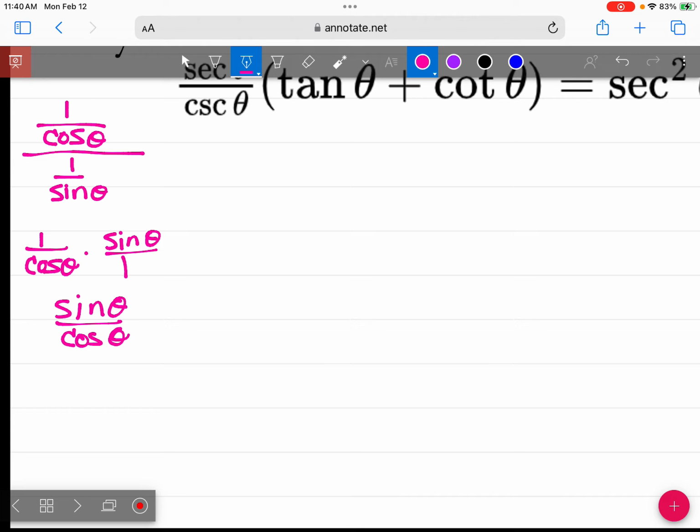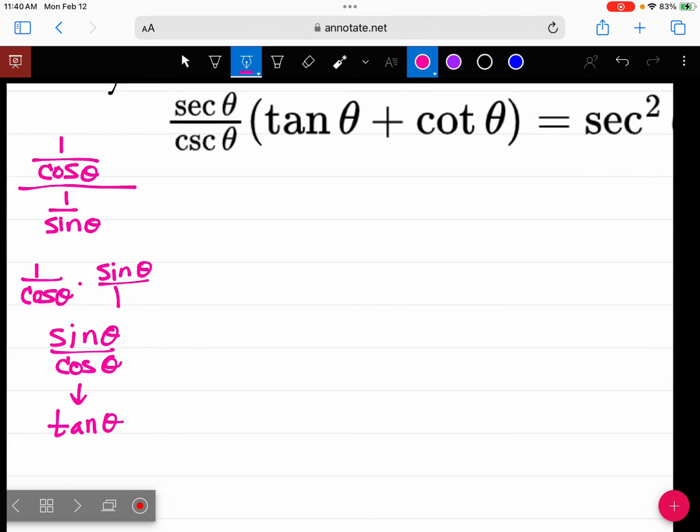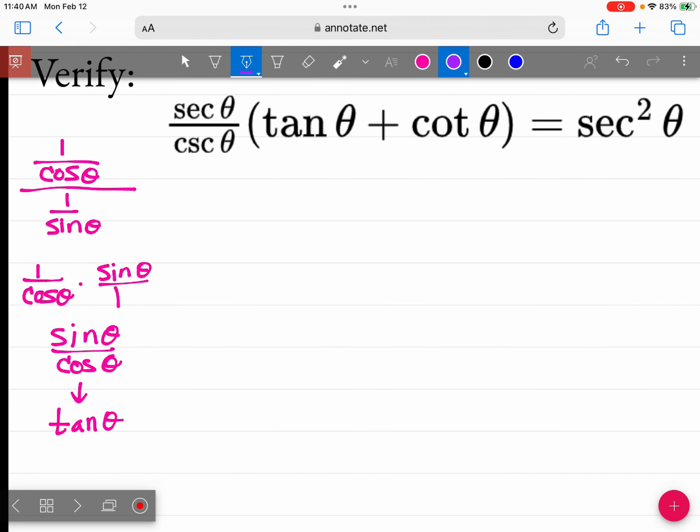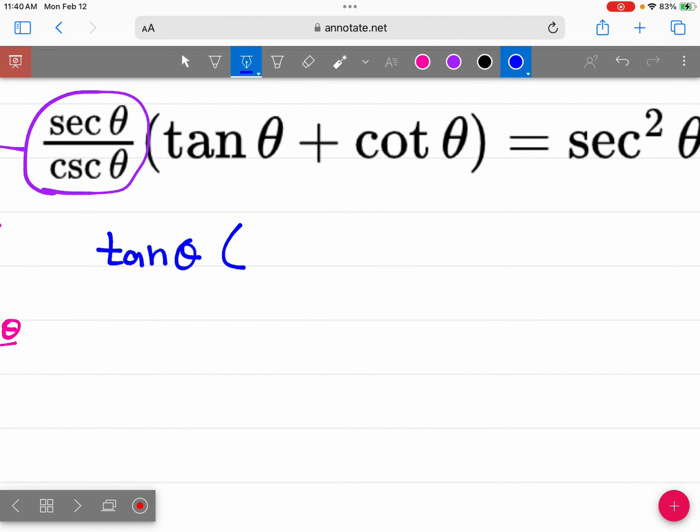So secant theta over cosecant theta is the same thing as tangent theta. So my first step was to simplify this piece, and that's what we did over here. So we now have tangent theta times tangent theta plus cotangent theta.